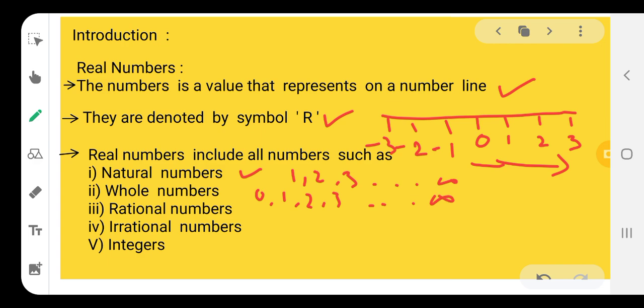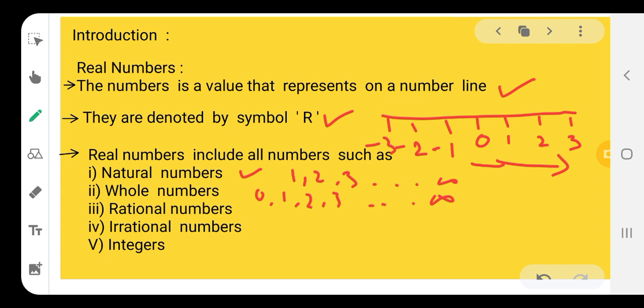So natural numbers are the numbers 1, 2, 3, leaving out 0, till infinity. Whole numbers are the numbers which include 0.